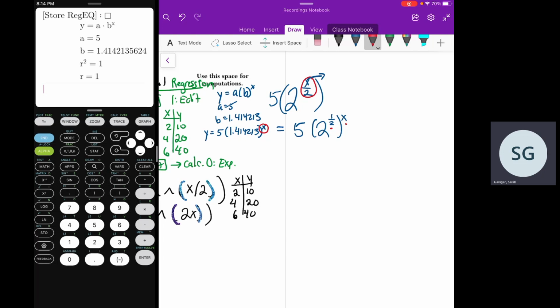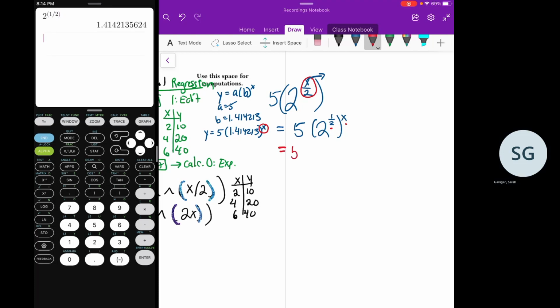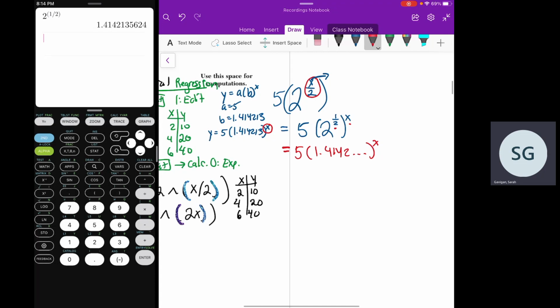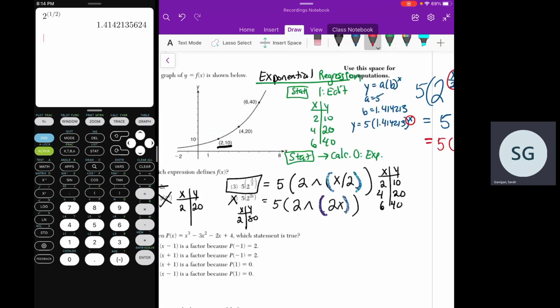So I can just pull them apart. Now, 2 to the 1/2, and again, if you have an 83 calculator, you need those parentheses, equals 1.4142, and so on. So it is equal to each other. Two ways of doing the same problem.